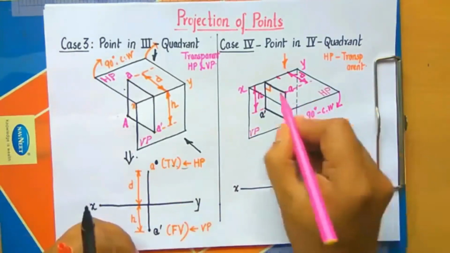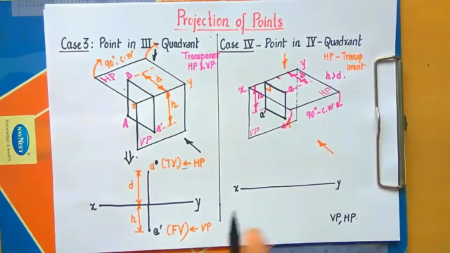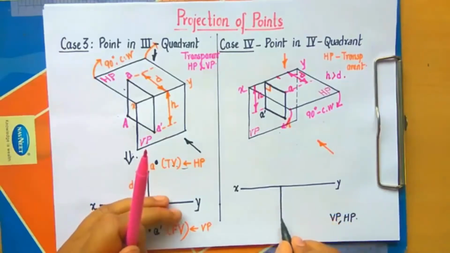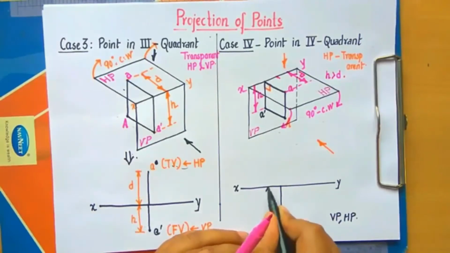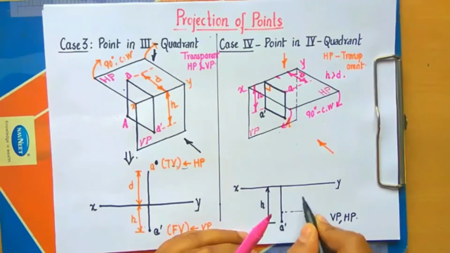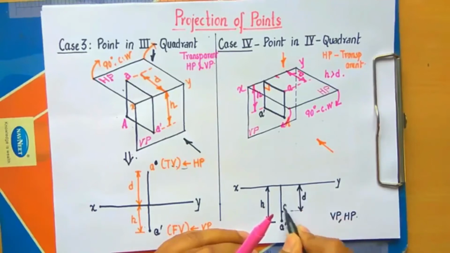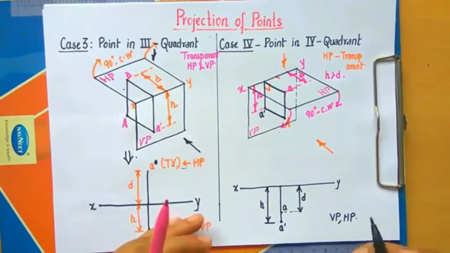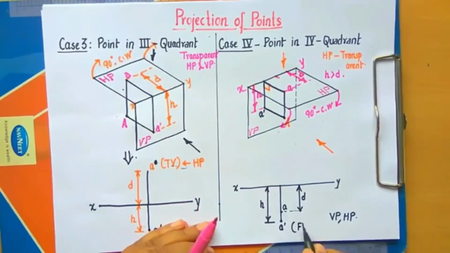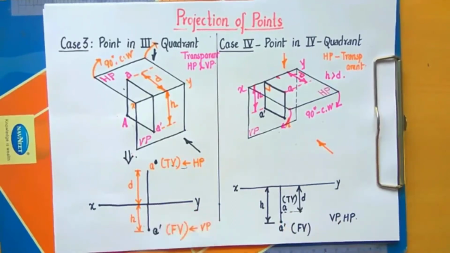Now the next thing to do is assuming H is greater than D. Okay, so we'll have this H is greater than this D, A dash, and this over here is going to be the corresponding dimension H. Let us say D comes out here, so this is going to be dimension D, and that's no dash, simply A. So this is how you need to draw the projection of any point in the fourth quadrant. This represents the front view and this A represents the top view. Both VP and HP are lying below the XY line.